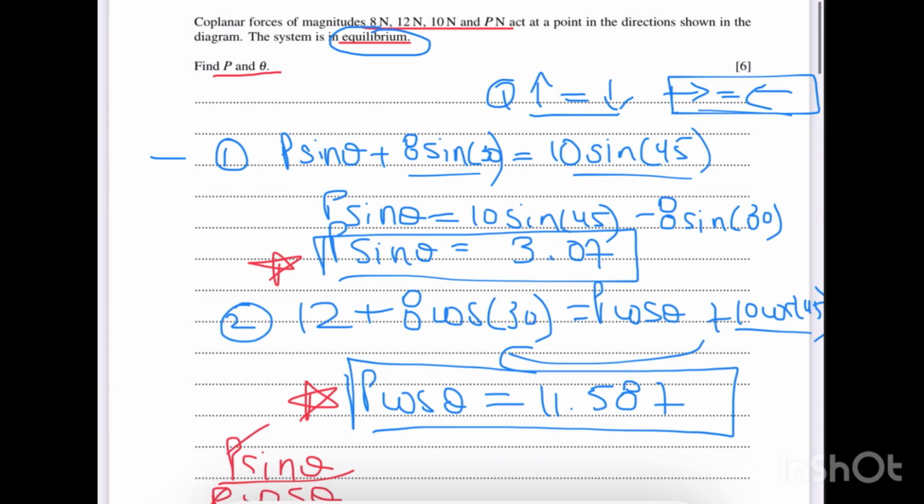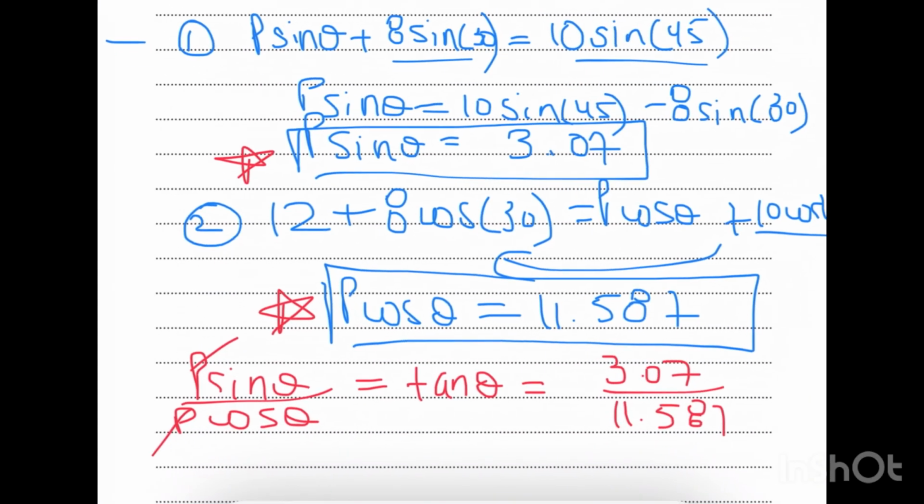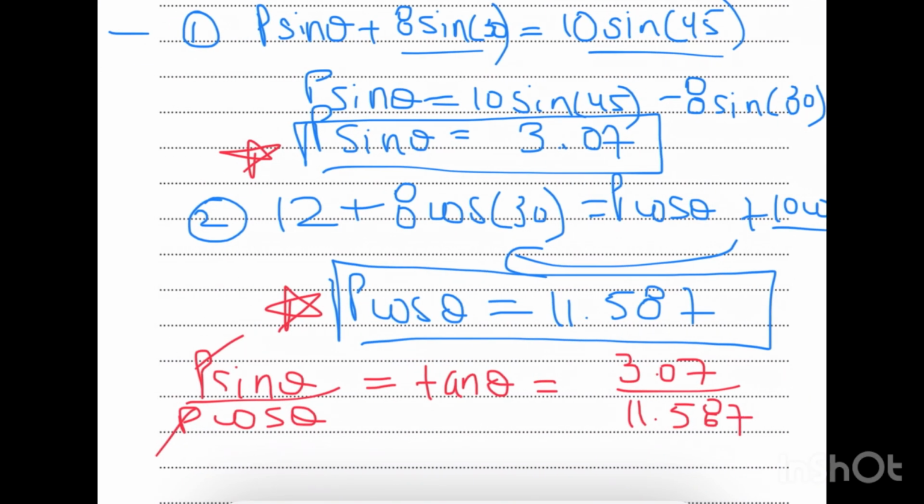These two P's cancel out, and that leaves tan theta, which is equal to 3.07 divided by 11.587. When we take the tan inverse of this fraction, we find that theta is equal to 14.5 degrees.